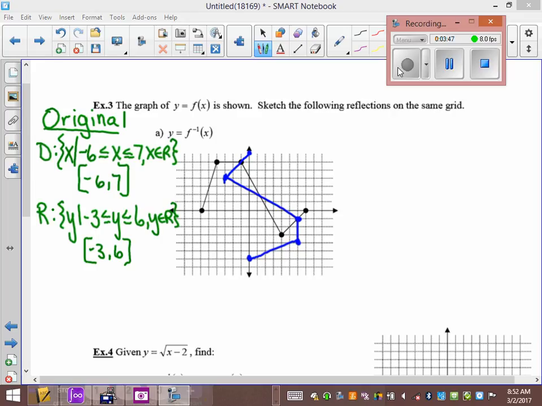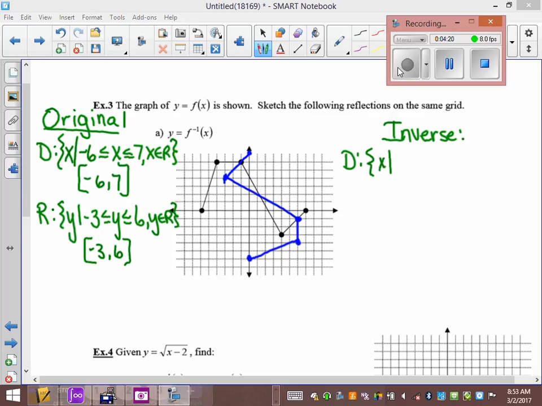So actually, if we have the domain and range of the original, it's the exact same for the domain and range of the inverse, except x's become y's and y's become x's. So if you only have to do interval notation, this just goes over there and this comes down to range. I didn't have to draw the inverse at all because my x's and y's switch. So for my inverse, my domain is my range with x's.